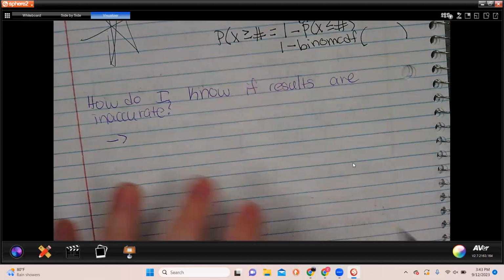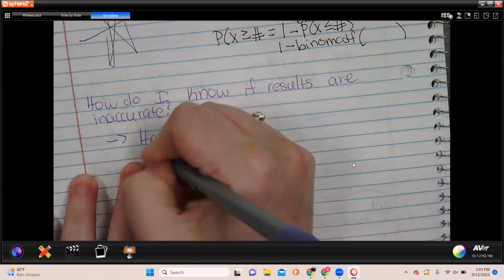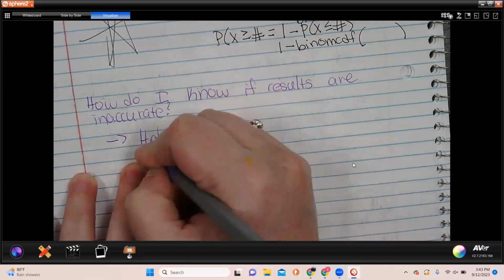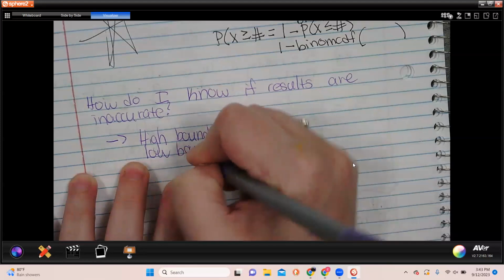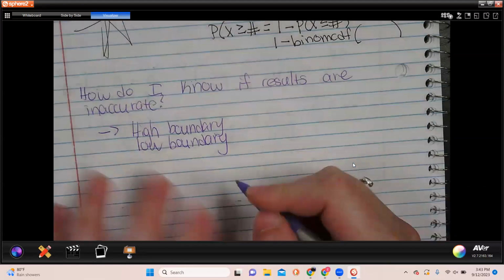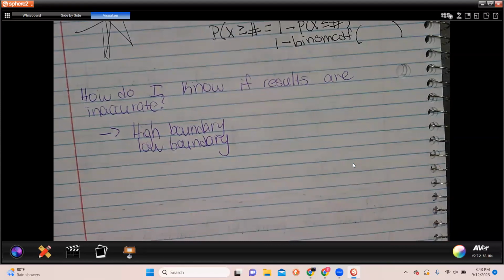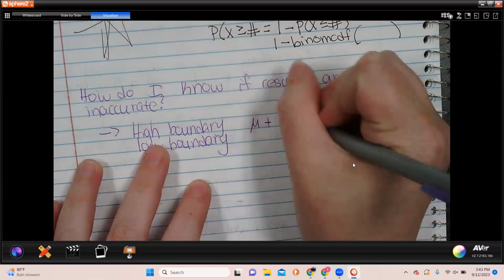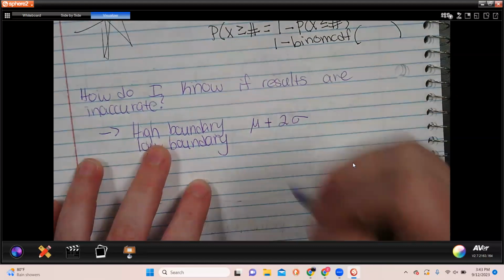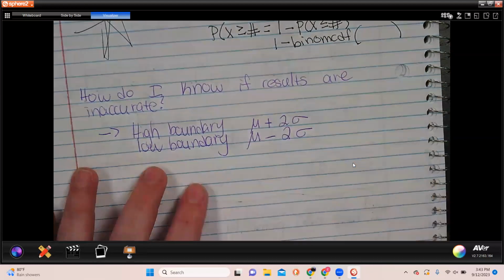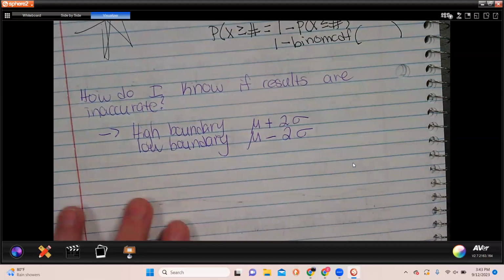Okay, so you'll have the high boundary and the low boundary. And this is from the central limit theorem that says anything 2 standard deviations away from the mean is unusual. So the high boundary is going to be the mean plus 2 times the standard deviation, and the low boundary is the mean minus 2 times the standard deviation.